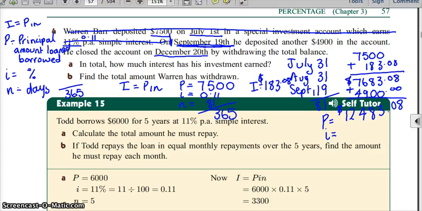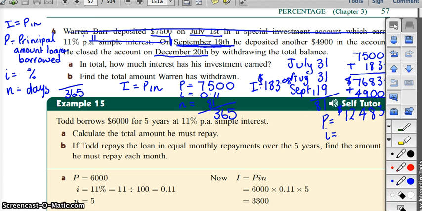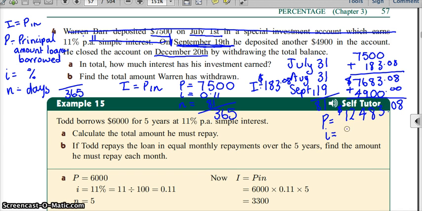Okay. So what do you have to work with? What do you have in that question in terms of a percentage interest rate from now on? 11%. They don't give you anything more, so you're going to have to work with that, aren't you? That must be what it remained at.